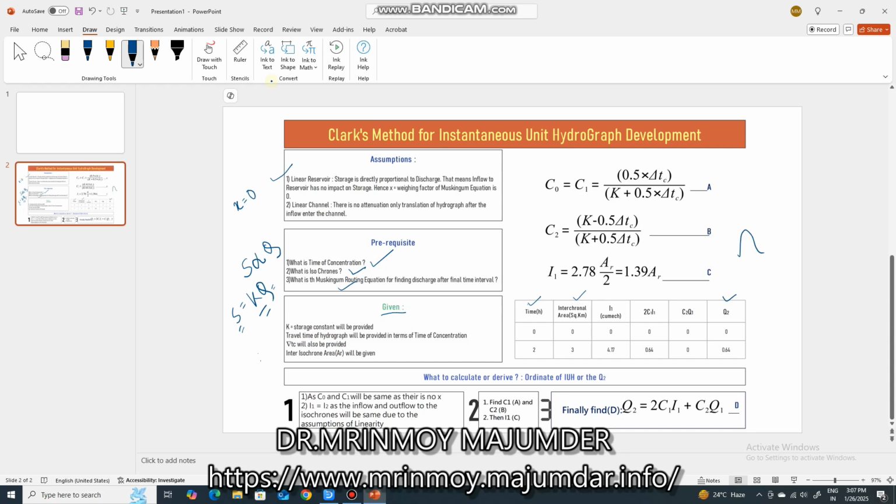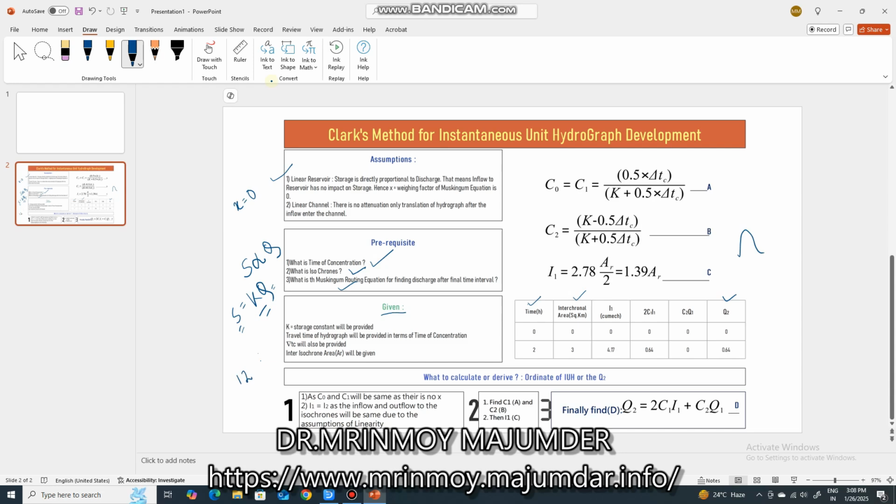So with the help of Clark's method, you know this is the time, this is actually the time of concentration. So here from 0, suppose the time taken by a water droplet from the furthest point to the outlet is 12 hours.